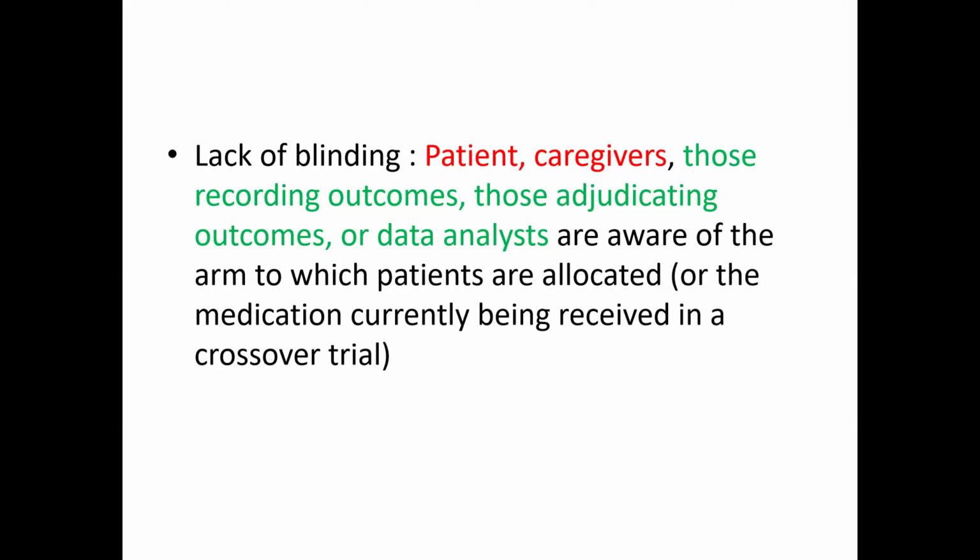In this study, patients and caregivers would finally know the allocation, but that too at the last moment, not in the beginning. And those recording outcomes, adjudicating outcomes and data analysis were not aware of the allocation. So probably the studies are again free of this kind of bias.